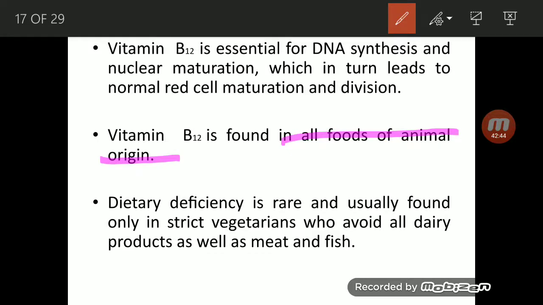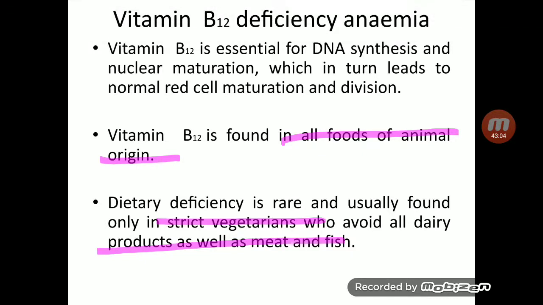Generally dietary deficiency is very rare. It is very rare to see anyone deficient of vitamin B12, and it is usually seen in strict vegetarians who avoid all dairy products as well as meat and fish. Otherwise it is very rare to see a person deficient from vitamin B12.